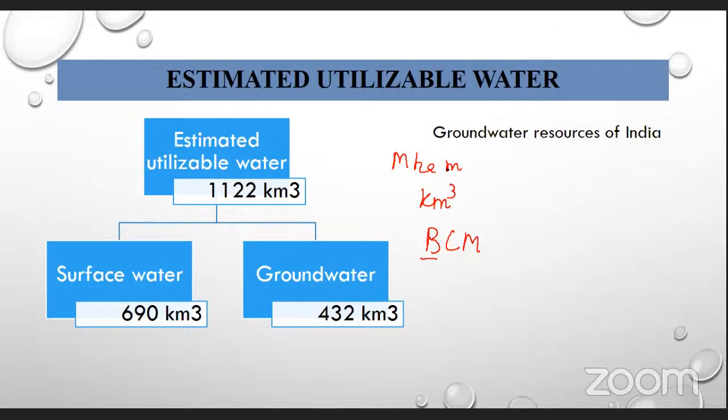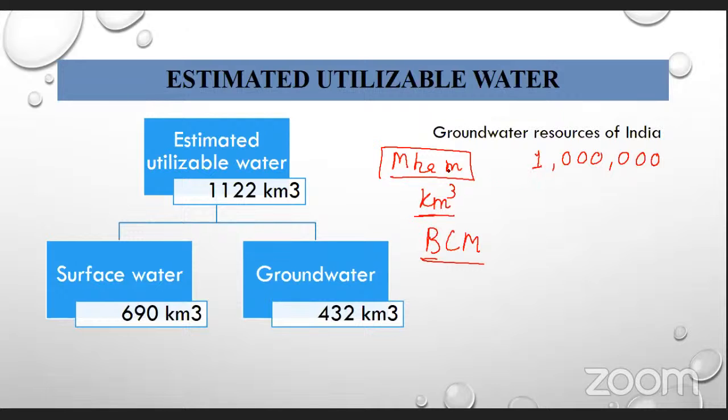How you are going to convert this million hectare meter into kilometer cube and billion cubic meter, I'm telling over here. Million hectare: what do you understand by million? It is ones, tens, hundred, then 1,000, 10,000, 100,000, then we have million.